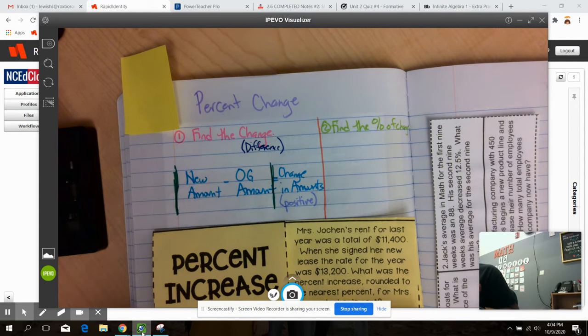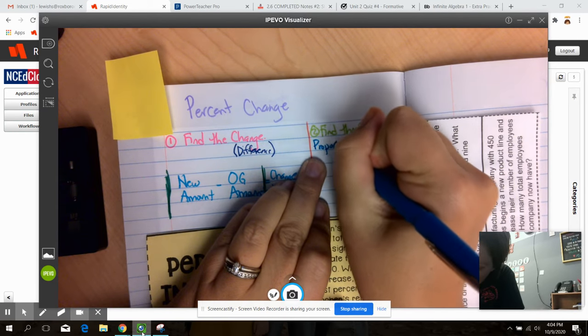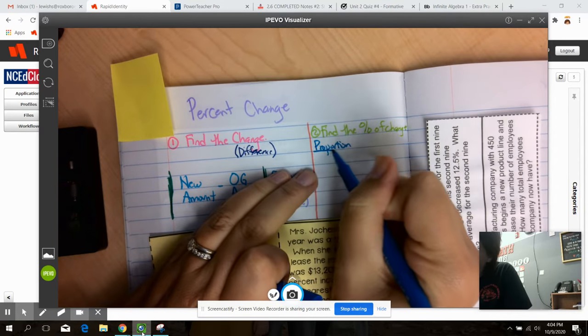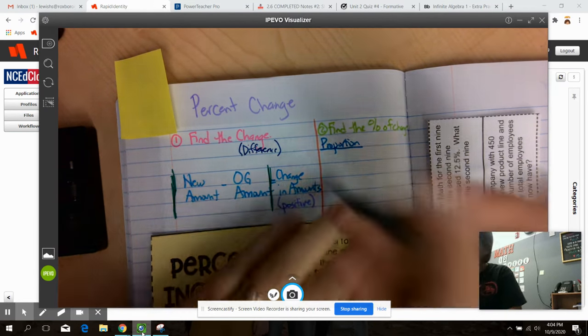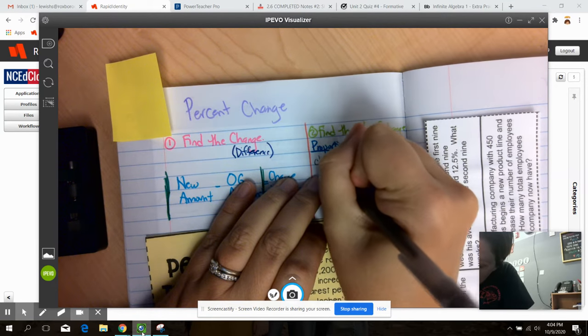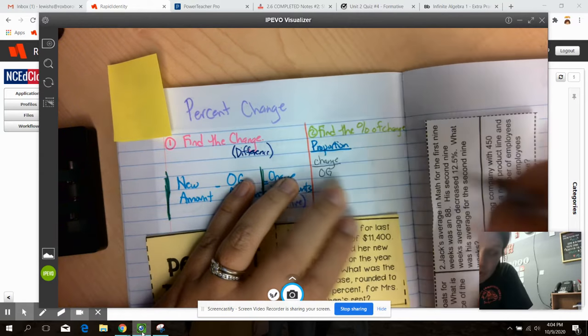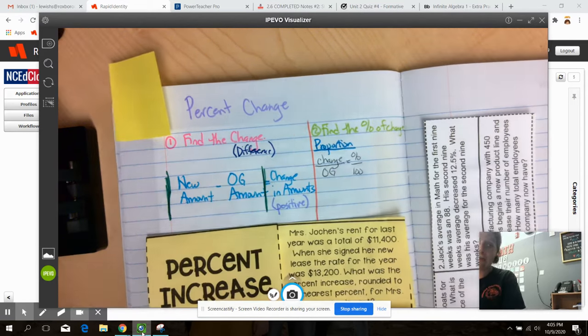If you like the proportion, and y'all know I do, you would set it up as change over the original amount equals percent over 100.